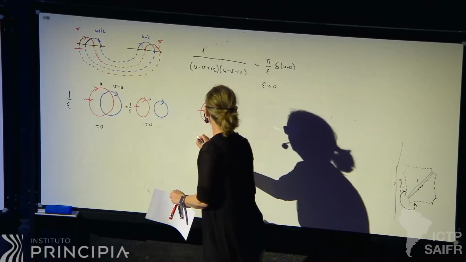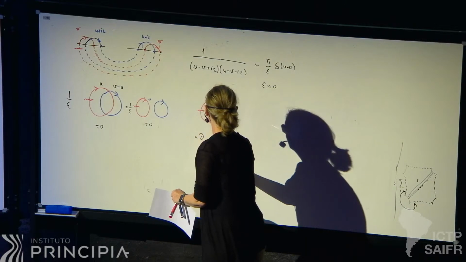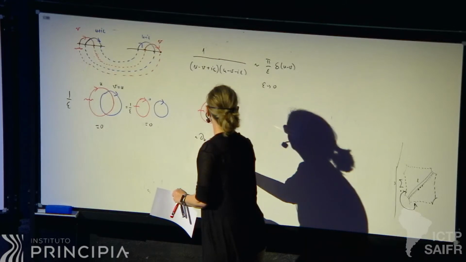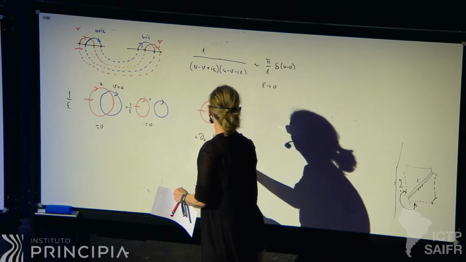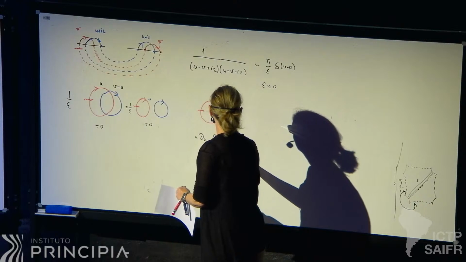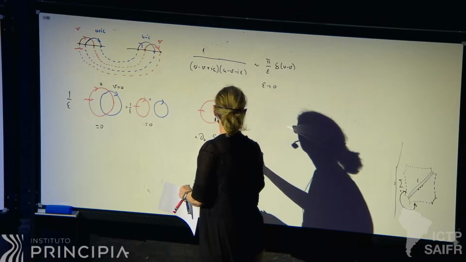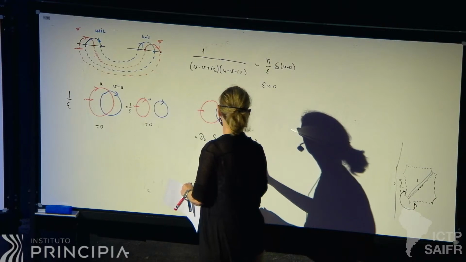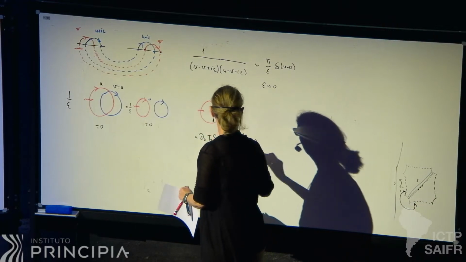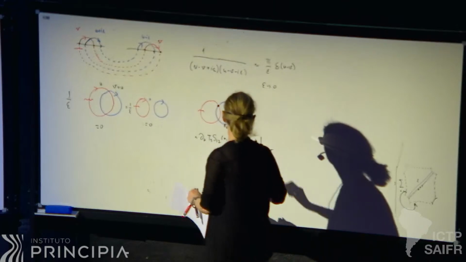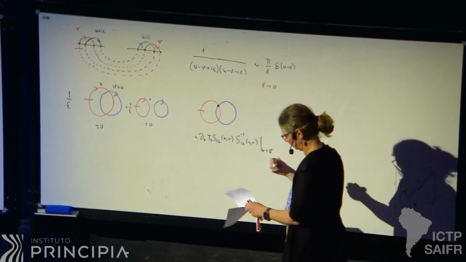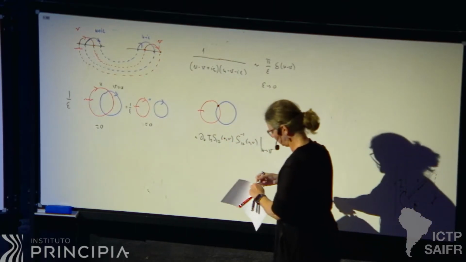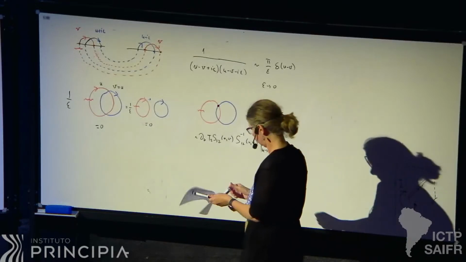So this is a derivative with respect to U of S1,2 of U and V, S minus 1 of 1,2 of U and V, trace, and then we put U to V. So this object, we were able to guess what it is.